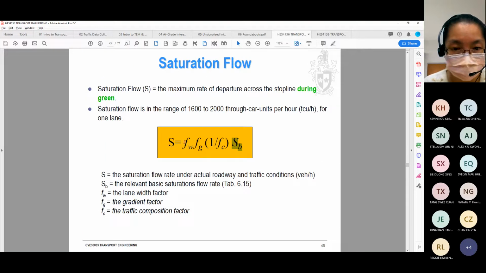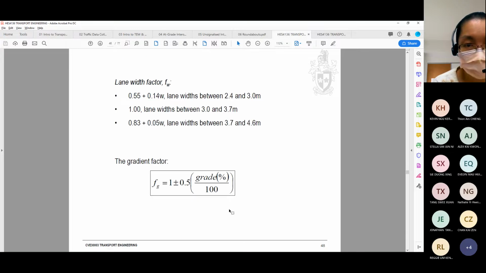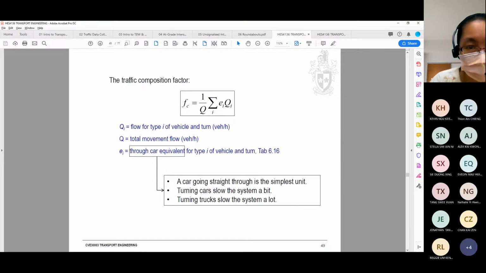And then you have correction factors to fulfill. The correction factors are lane width, the gradient factor, and the traffic composition factor.